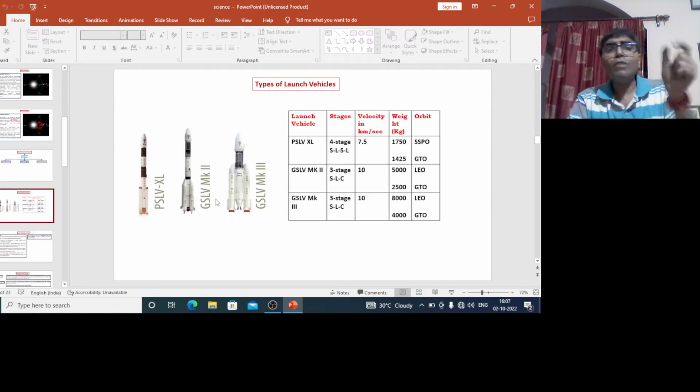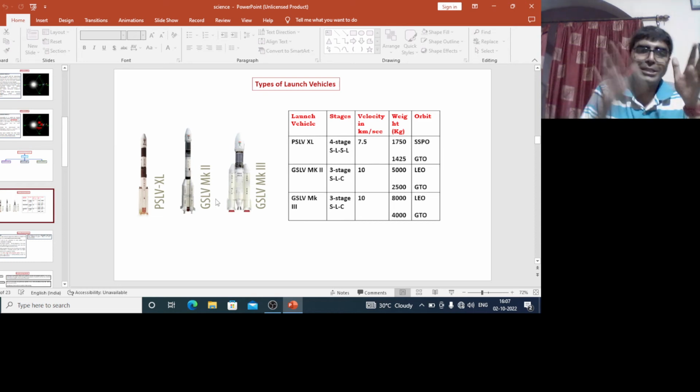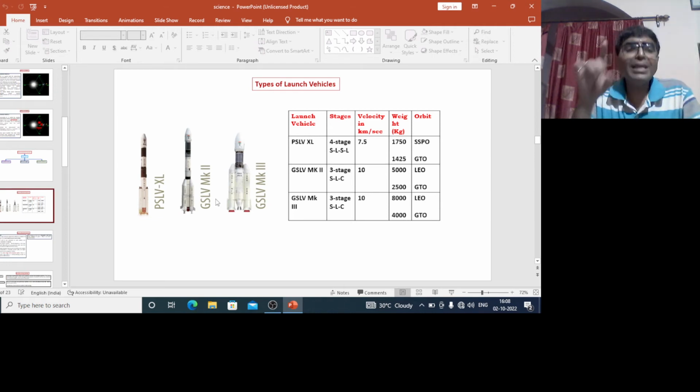Now, about these types of launch vehicle, I have given you the picture: PSLV and GSLV, these are variants 2 and 3. Before the PSLV, you also have the ASLV, the Augmented Satellite Launch Vehicle, which was earlier. Now the launch vehicle's stages, velocity, weight and orbit.